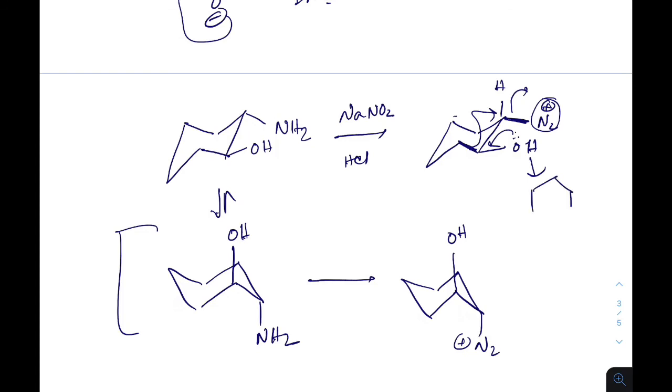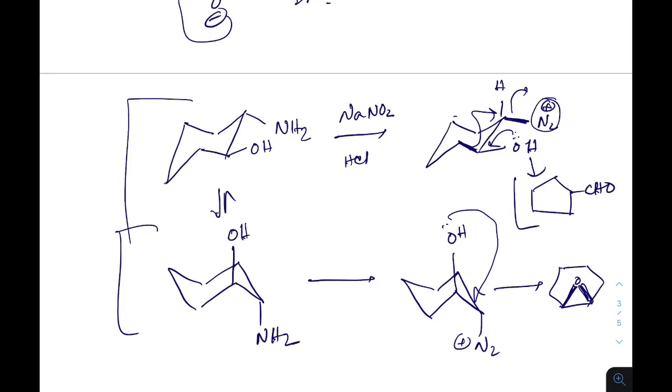Therefore, we will get this type of product from this case, and from there we will get the epoxide, now the epoxide from above the plane. So the product will be like this, right? Because in this case there is no phenyl group to lock the conformation, therefore both products are possible.